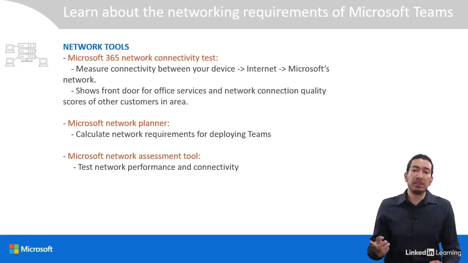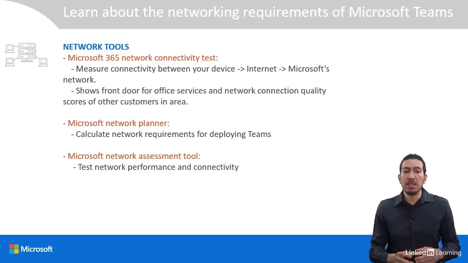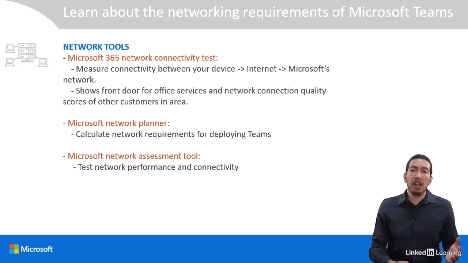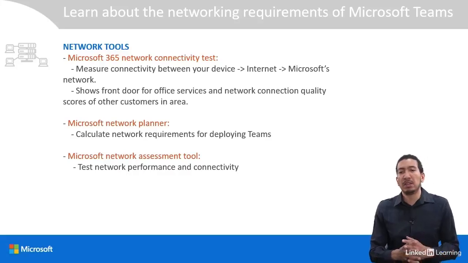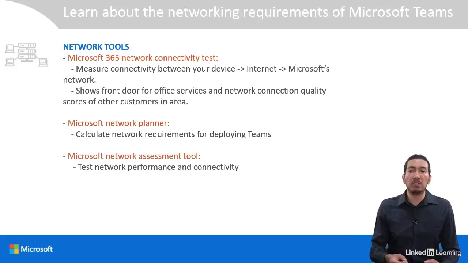One of the most interesting features of this tool is that it also provides you with the network connection quality scores of other customers in your area. The Microsoft Network Planner helps you calculate the network requirements for deploying Teams, while the Network Assessment tool is useful in case you need to test the network performance and confirm if the necessary ports are open.